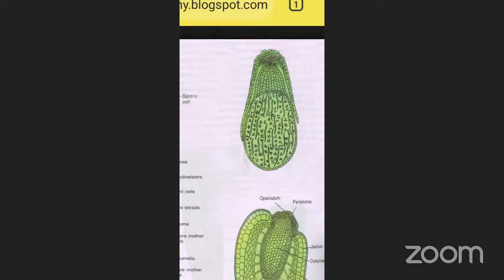These elaters are very long and slender with double spiral thickenings on their walls. Some of these sterile cells become compact and form the elaterophores. These sterile structures are involved in spore dispersal.